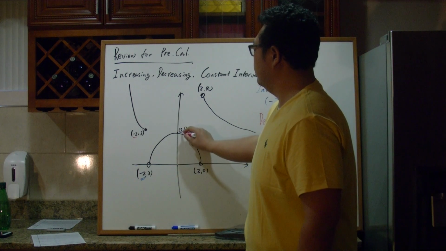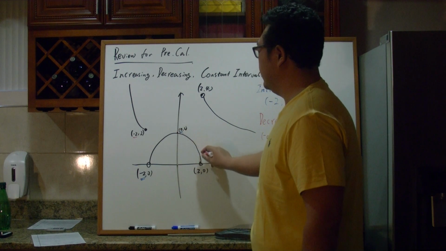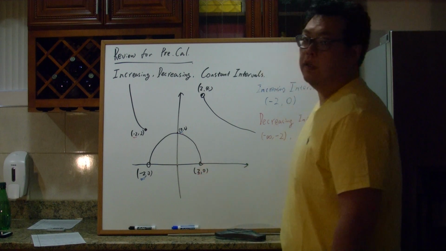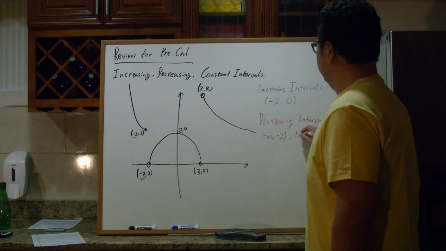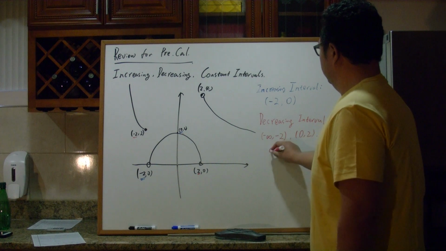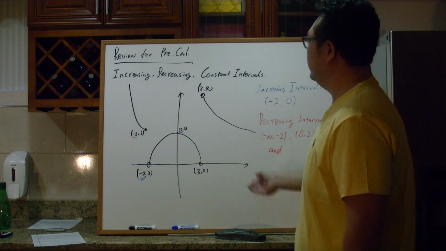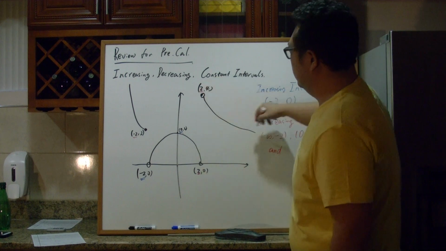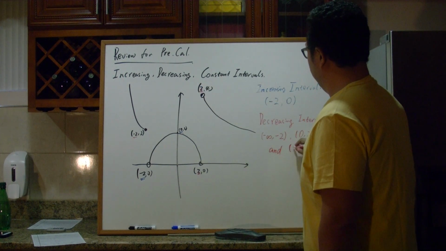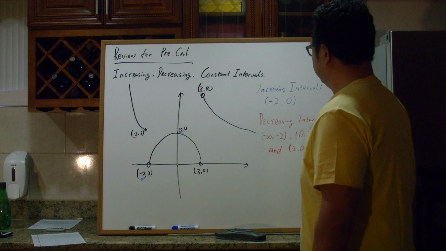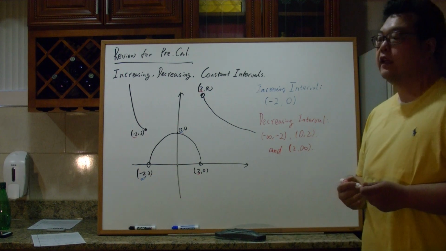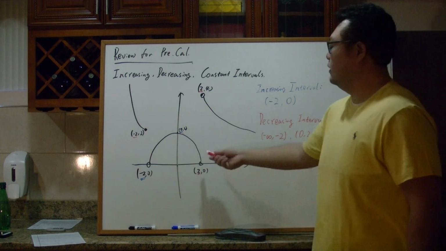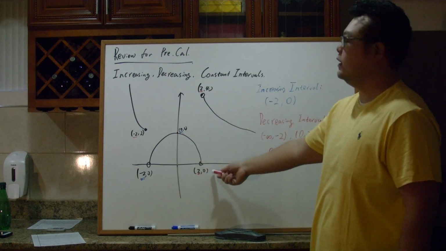The second one is from 0 going down to the x value of 2. And the third piece is from 2 to +infinity. They break down this way since the function is cut into 2 pieces.